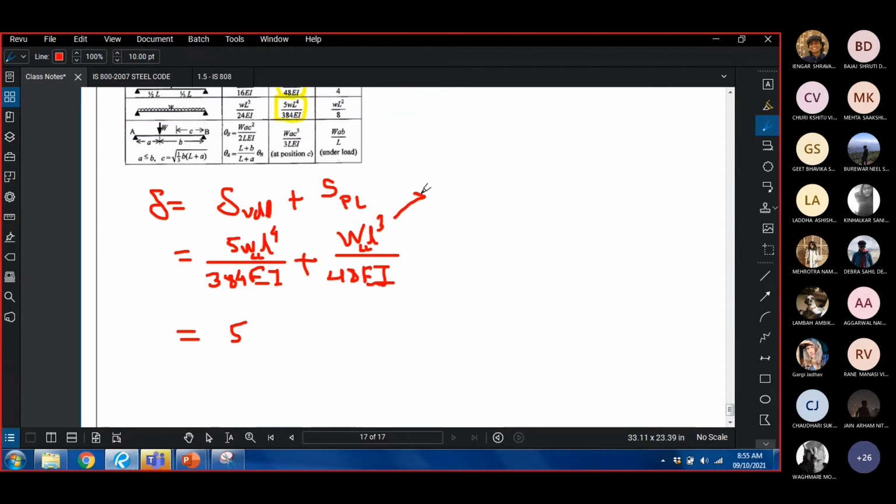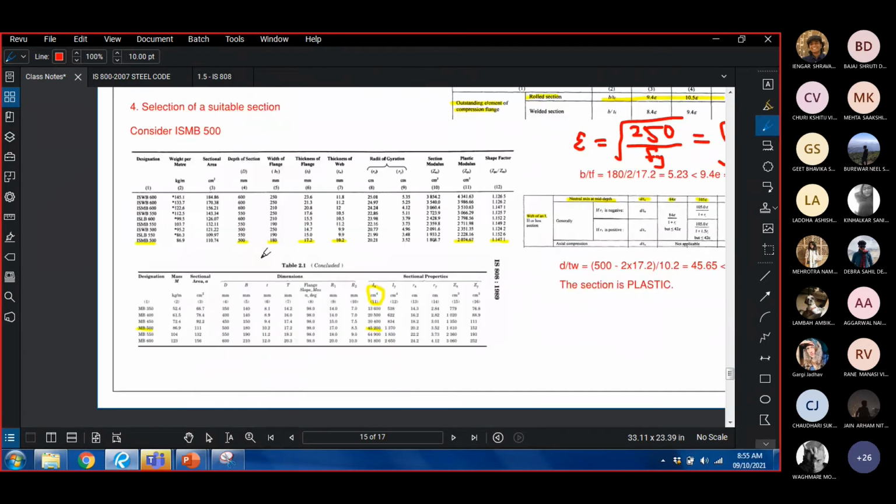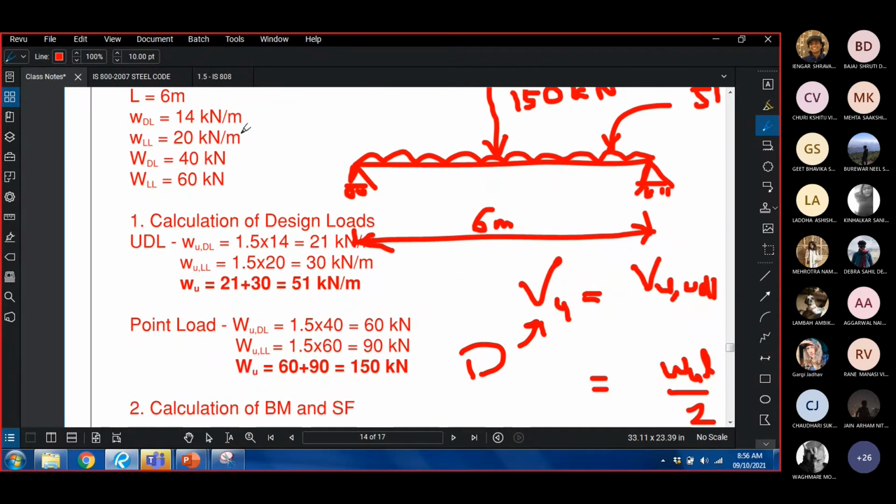You can perhaps make a note of it that all these loads are service live loads. Deflection is the serviceability criterion or serviceability indicator, and we are checking only for live loads. So 5 into what is wLL by the given data? wLL is 20 kN per meter, and for capital W, do not use these values.